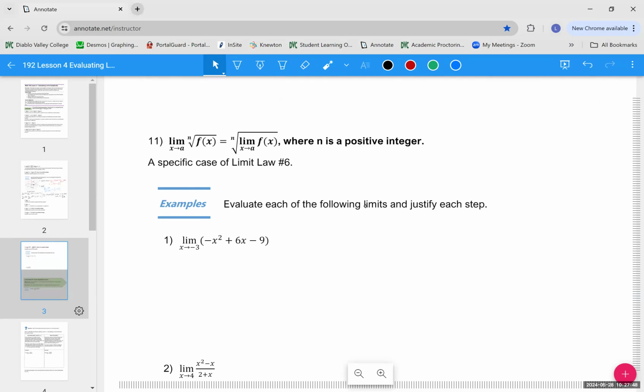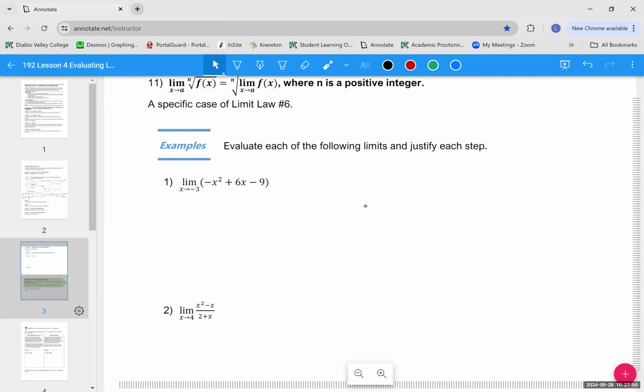Okay, so what we're going to do is we're going to apply these laws in a couple of problems. We are not necessarily going to do limits this way all the time, but for these first two examples, we're going to really show each step of applying the laws as we go to find the limit. So I'll start with this first one, and we're going to take the limit as x approaches -3, and you can see here we have a sum.